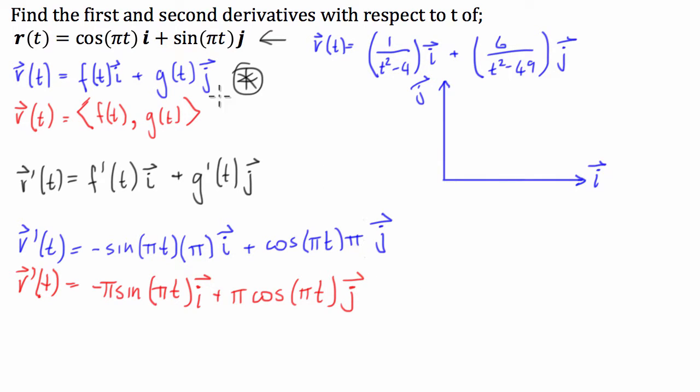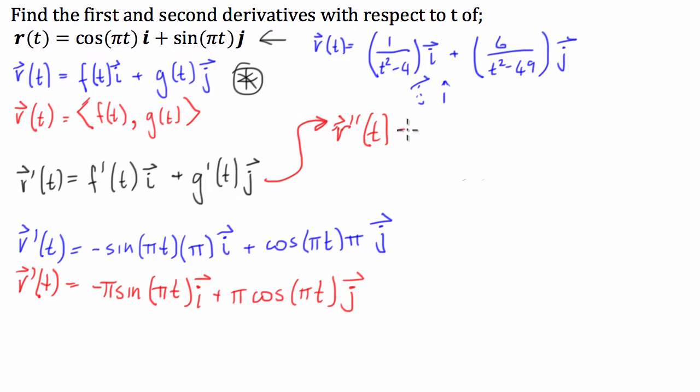Cool. Now, the question asks us for the second derivative as well. Like the first derivative, we can write the second derivative, r double dash of t.